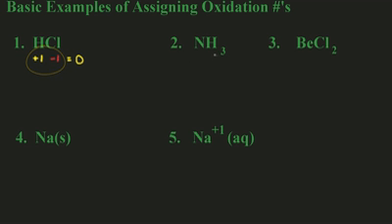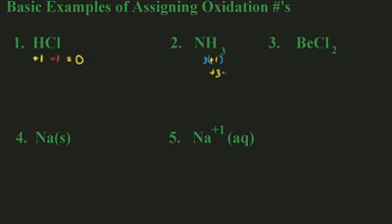Again, another scenario in which we don't have anything besides hydrogen and some other element. So when assigning, you would put a +1 here, but there are 3 hydrogens. So you do 3 times a +1 to get us a +3 charge.